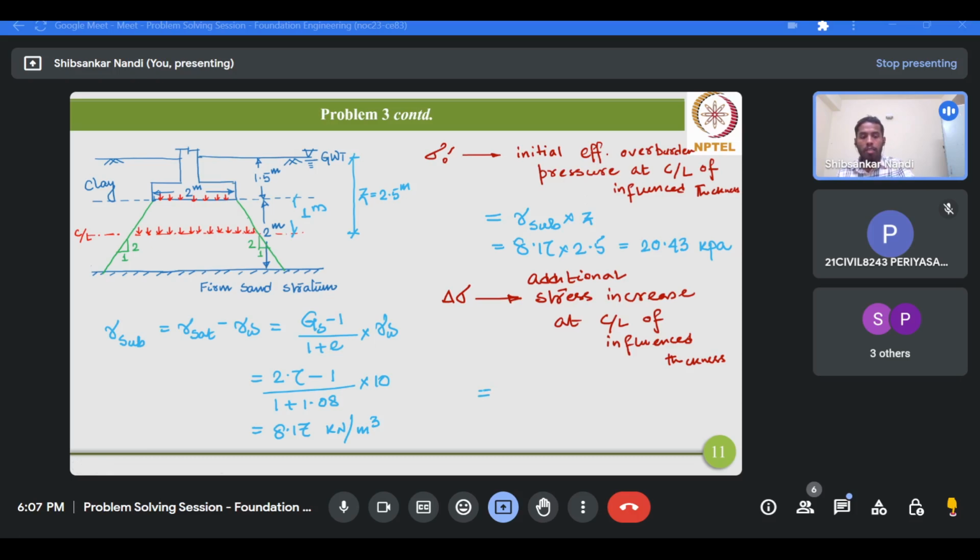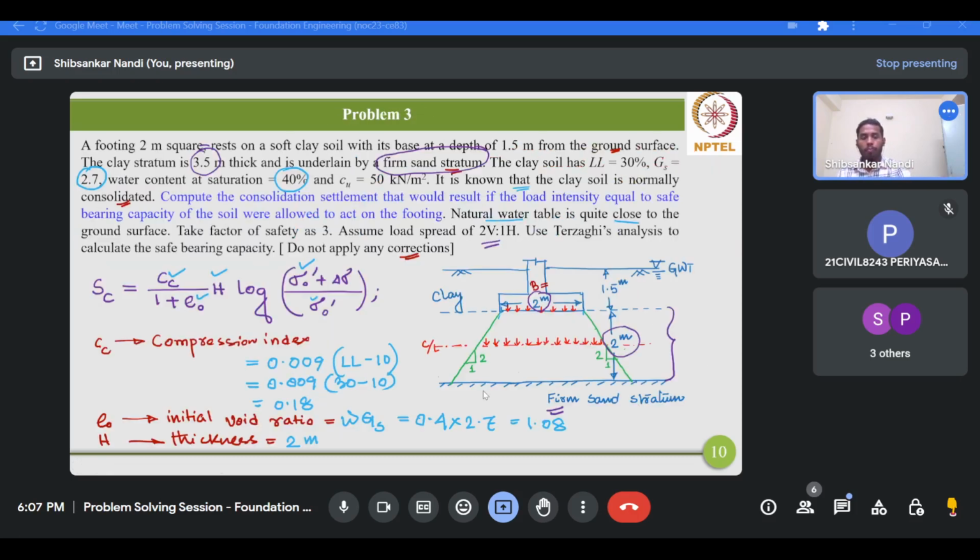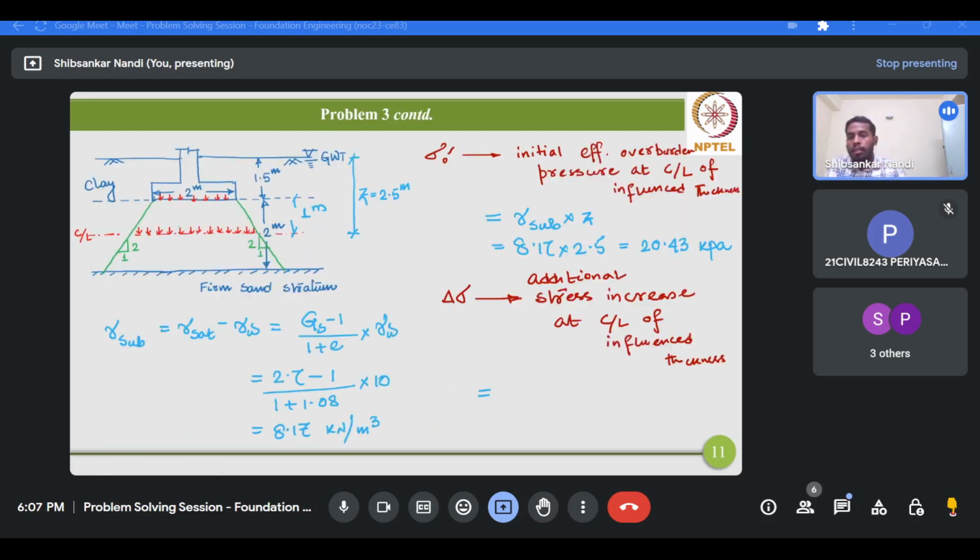So this additional stress increase we can calculate considering this load dispersion as it's mentioned in the problem. So 2 vertical is to 1 horizontal.